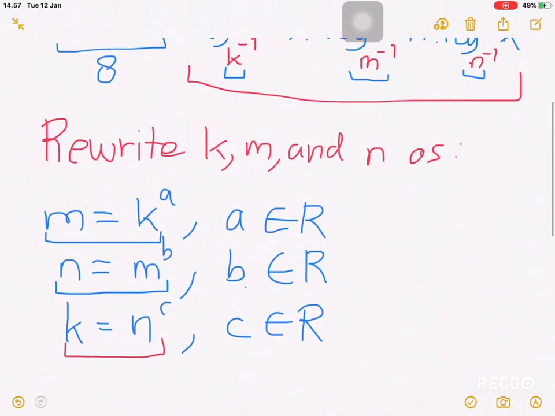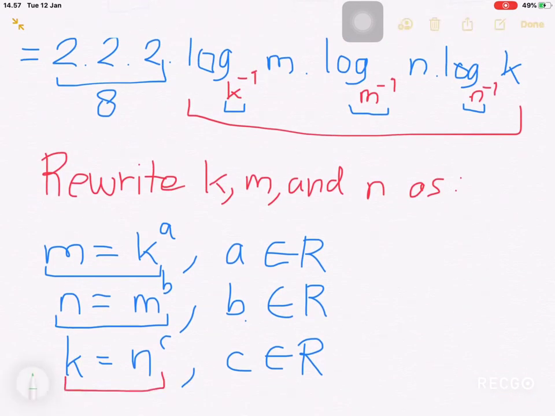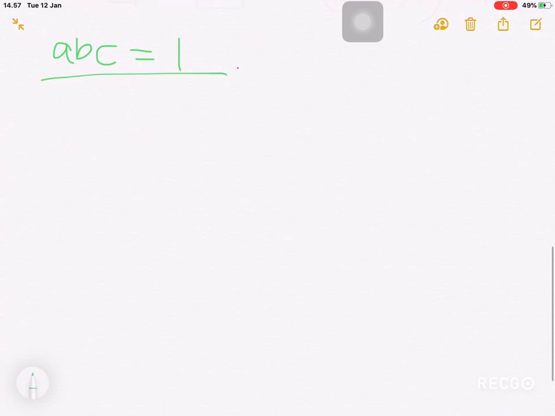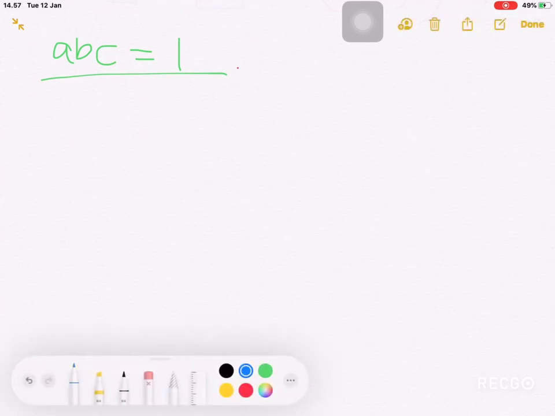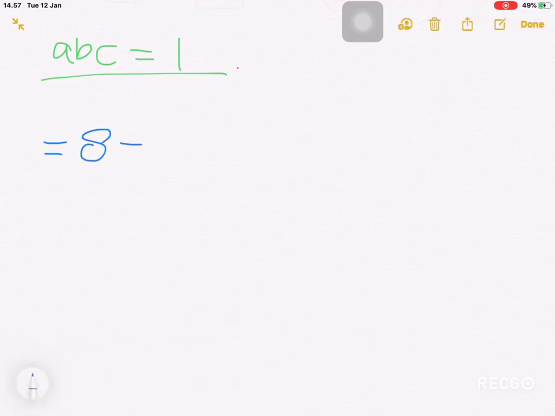This will be very helpful later. And next step, we're going to substitute these values into our original equation. So I have a times log base k to the negative 1 of m.